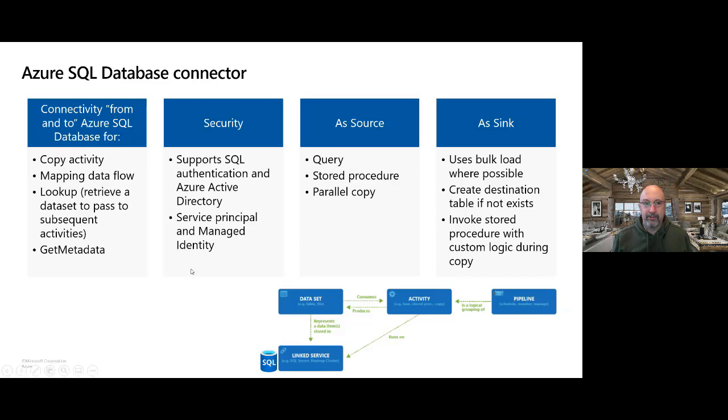Either the copy activity or a mapping data flow, or one of the other activities like lookup, which is giving us the ability to retrieve a data set that we want to use subsequently in the data transformation pipeline, or get metadata to extract information from our SQL database target or destination, and take some decisions during the execution of the pipeline itself.